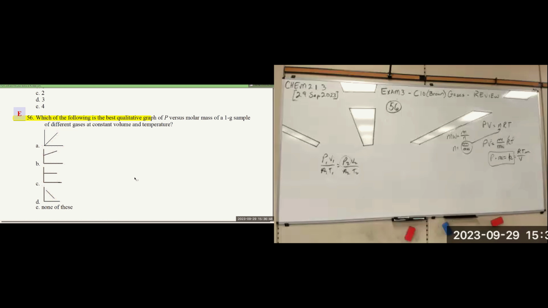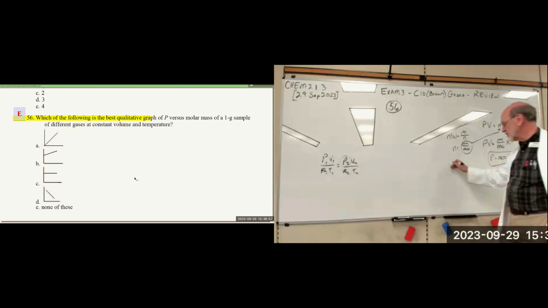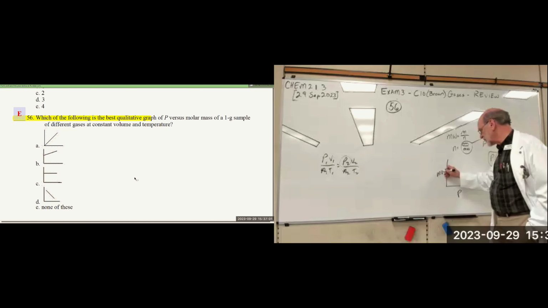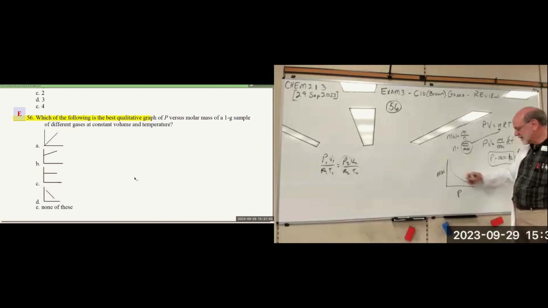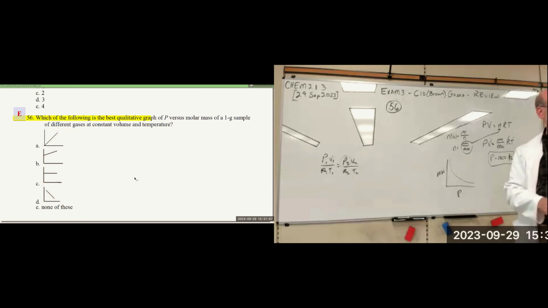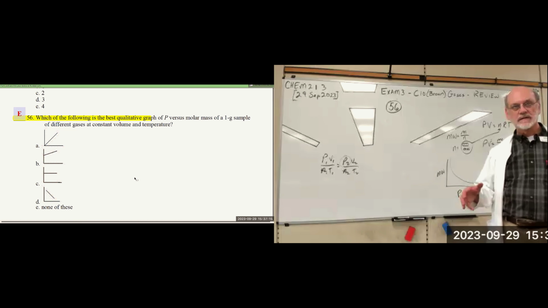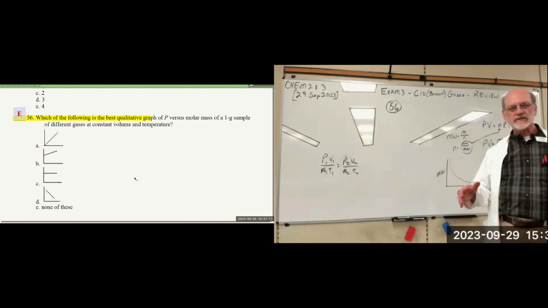Yeah. What does that look like? Looks like Boyle's law. And the same shape, because you got a variable times a variable equals a constant. So if you plot them, pressure here and molar mass here, they're going to look like that. And none of them match. But it's constant, so if it's constant, it would be easier. What's constant?